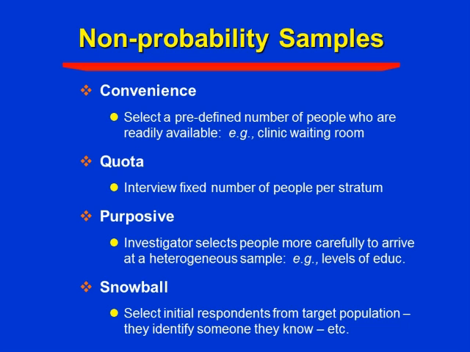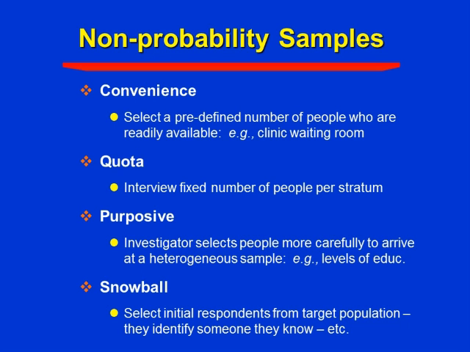In a purposive study design, the investigator will select people more carefully to make sure that you get a heterogeneous sample. So you may have 5 or 6 characteristics that you want to make sure are adequately represented in your study. And so once you get a certain number of people in one group, you won't allow any others in that same group to enroll, and you'll purposively make sure that you get enough people in each of your groups.